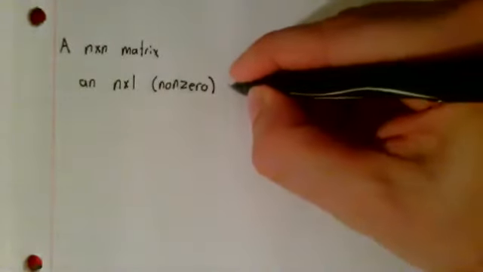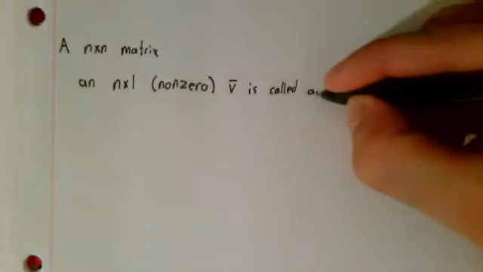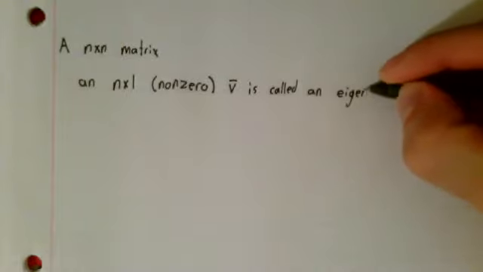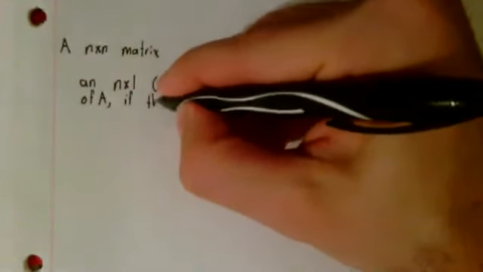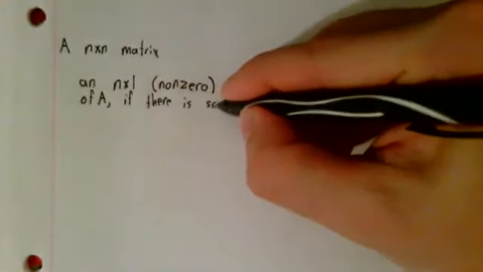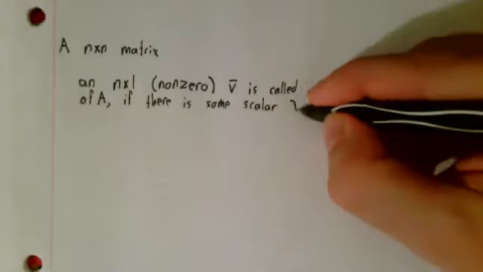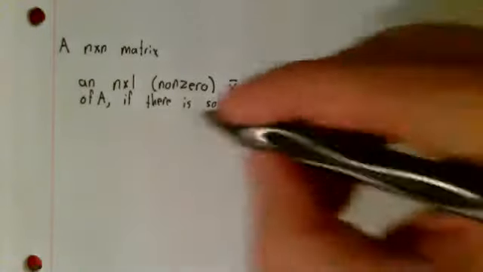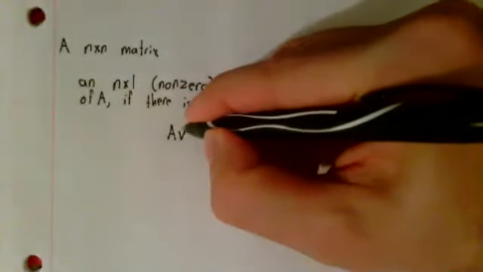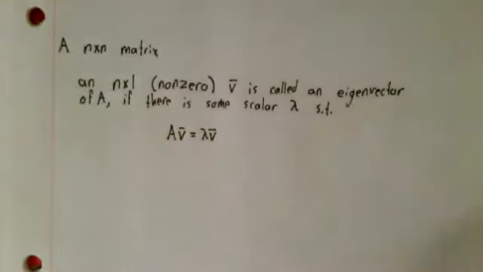A non-zero vector v is called an eigenvector of this matrix if there is some scalar, and by tradition we use the Greek letter lambda here, such that A times v equals lambda times v.